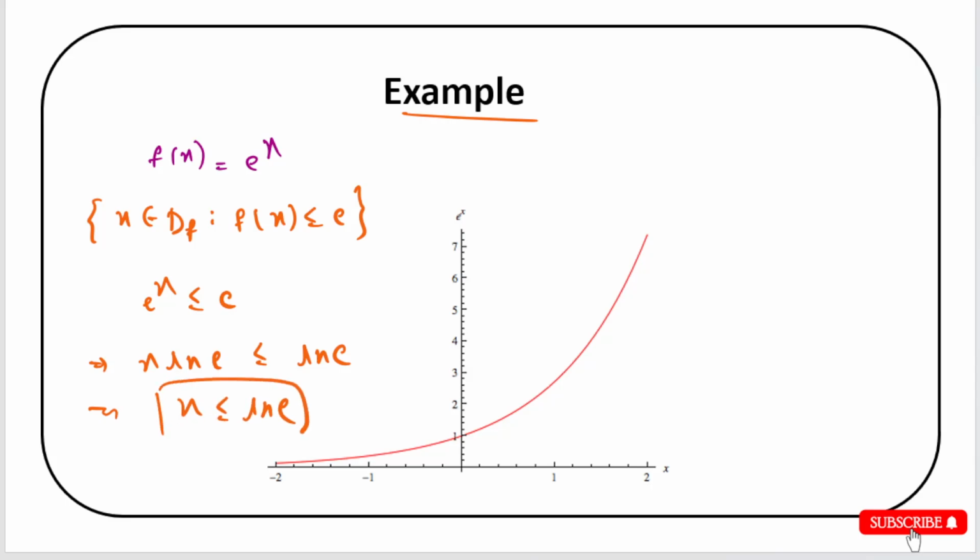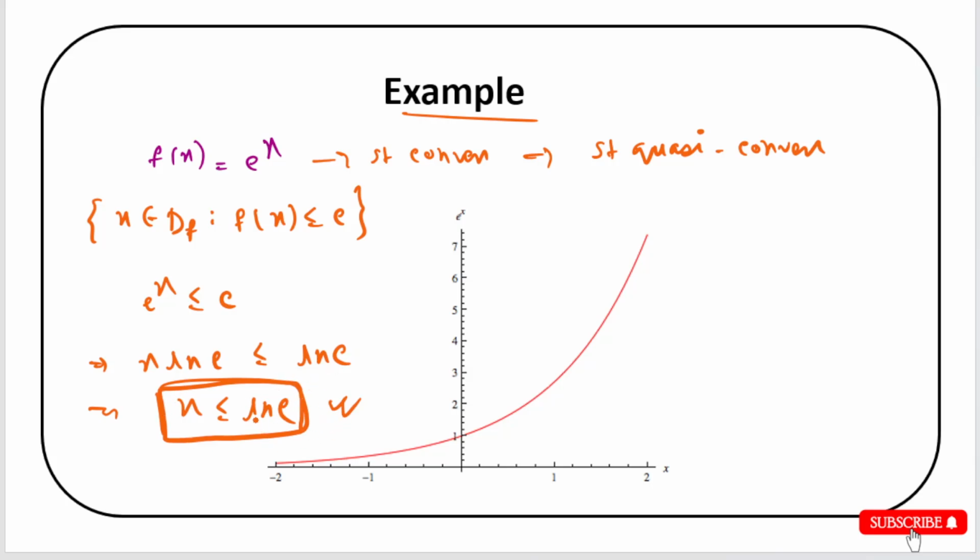So this is the domain in which you can calculate the quasi concavity or quasi convexity. So here, if e^x is a strictly convex function, that implies it is strictly quasi convex. And what is the domain for that? The domain is x less than or equal to ln c.